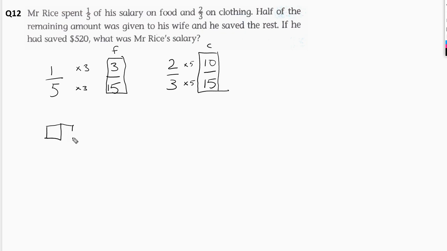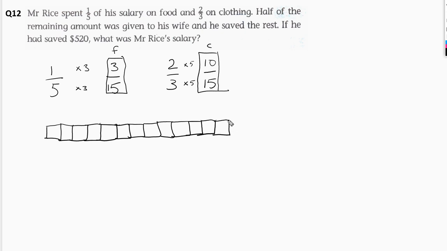So this is 1, 2, 3, 4, 5, 6, 7, 8, 9, 10, 11, 12, 13, 14, 15. Okay. And that's good enough.